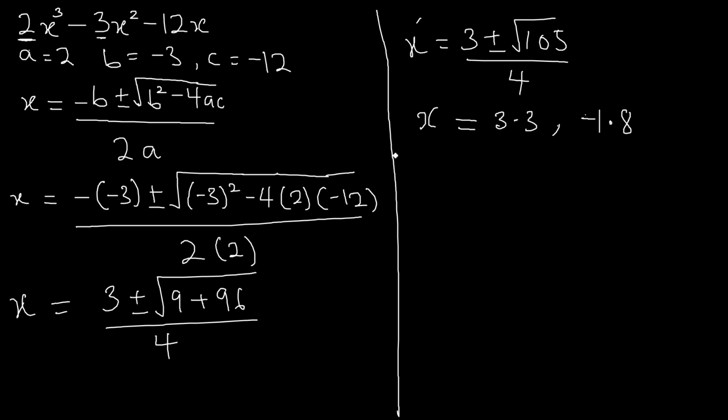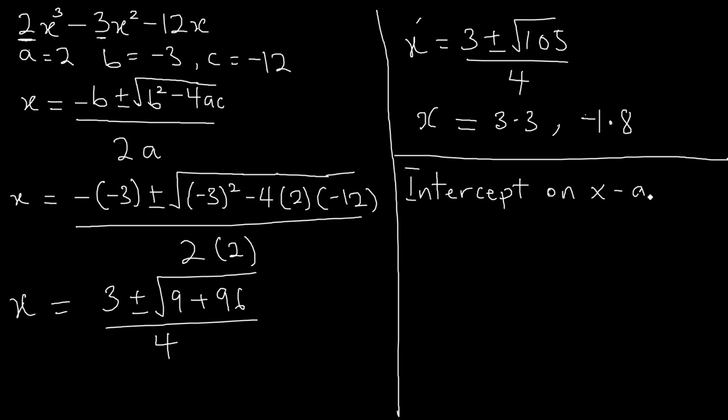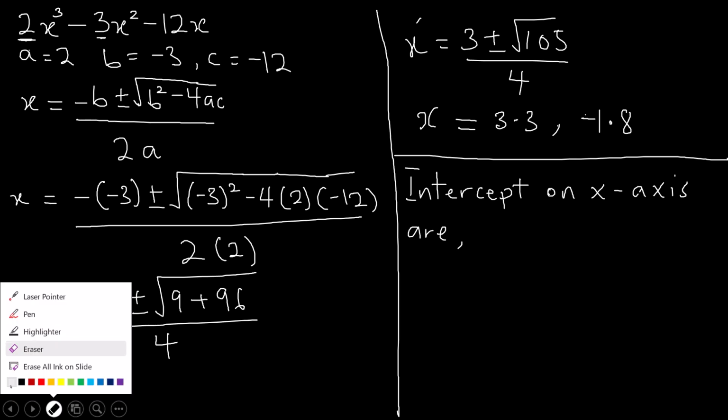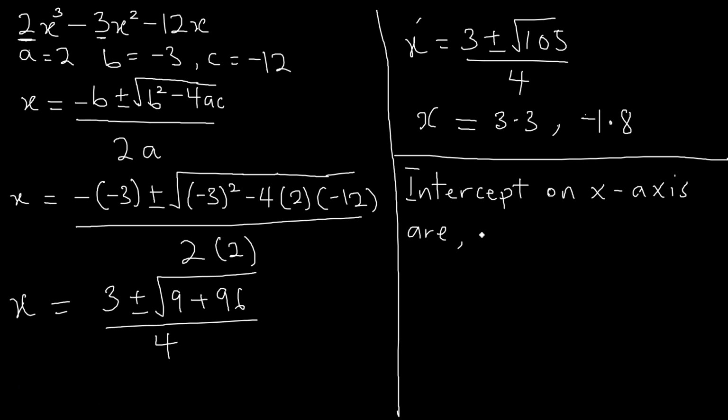Good. So at this point, we are done calculating for our intercept on the x-axis. So let's write that out. So far our intercepts on the x-axis are negative 1.8, 0, and 3.3.